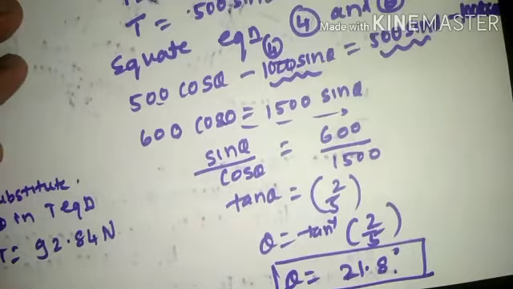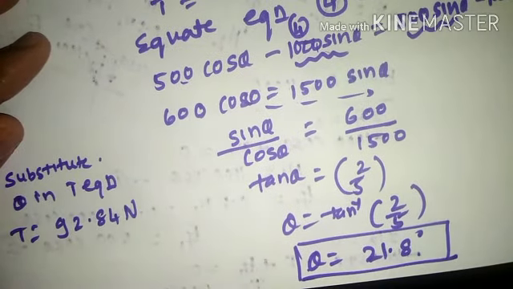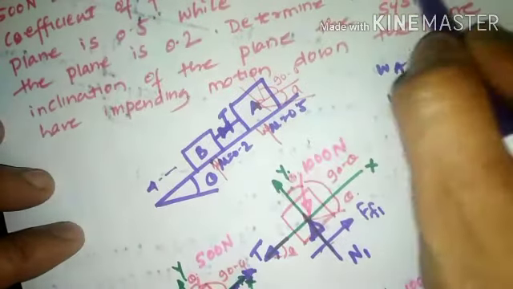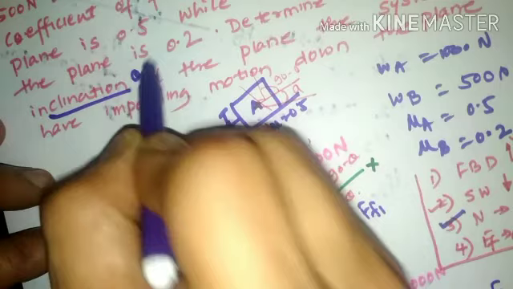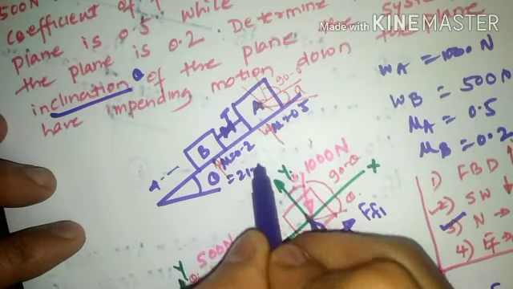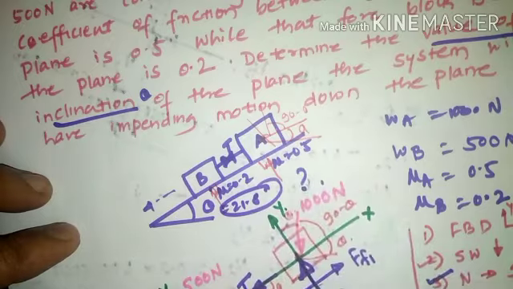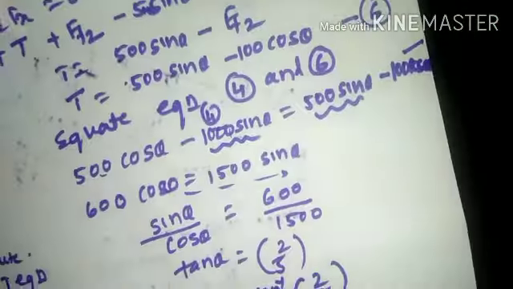As mentioned in the statement of the problem, we were supposed to find the value of the inclination theta, and the inclination theta has been calculated as 21.8 degrees. That is the unknown value that we have calculated here.